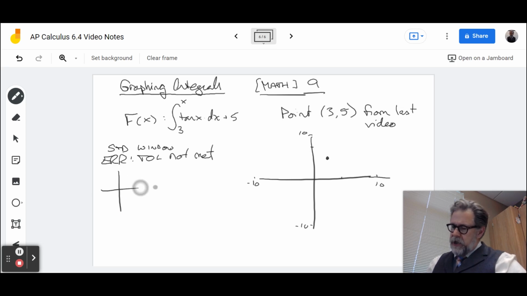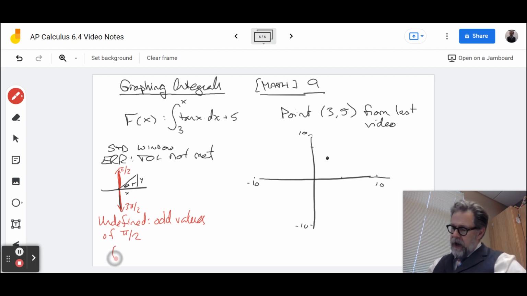So when I think about tangent, here's what I know. Drawing my unit circle, where I've got some angle, I know that tangent is the rise over the run, and I know that tangent is undefined here and here. So pi over 2, 3 pi over 2, and what I notice is that it is undefined at odd values of pi over 2.